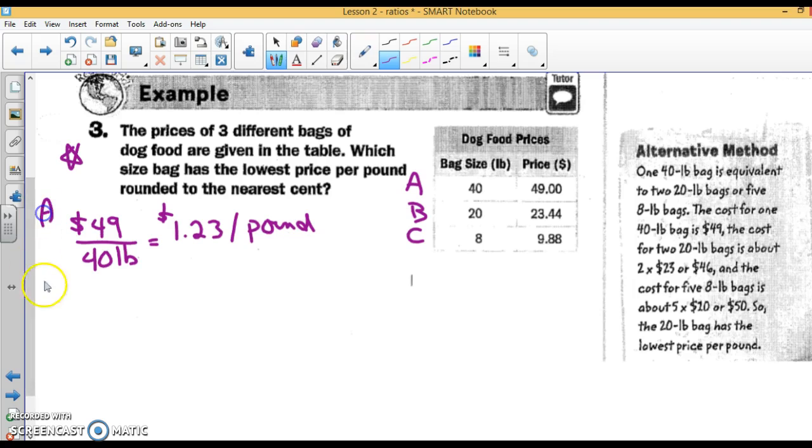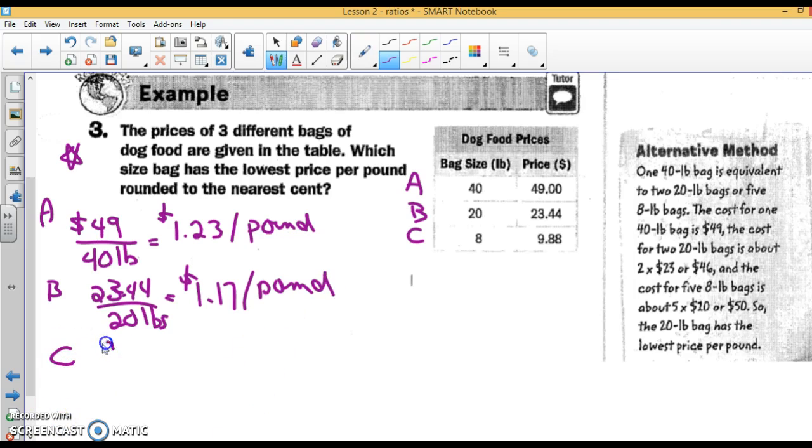That's brand A. Brand B is $23.44 for 20 pounds. Divide that, you get $1.17 per pound. And brand C costs $9.88 for 8 pounds.